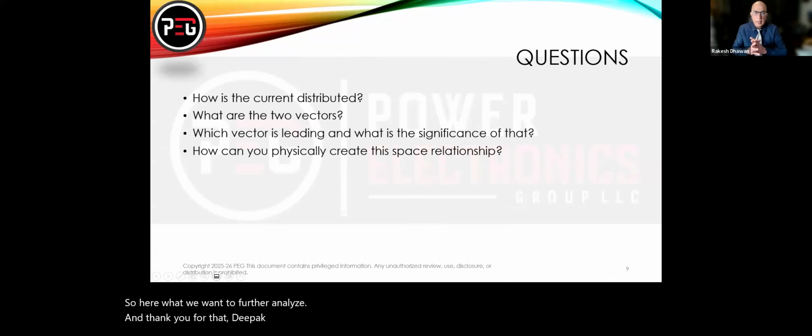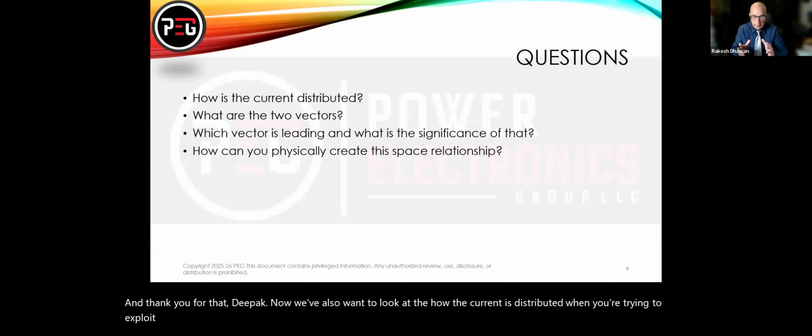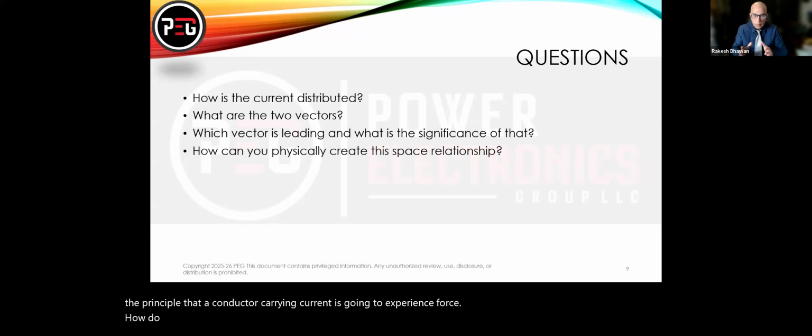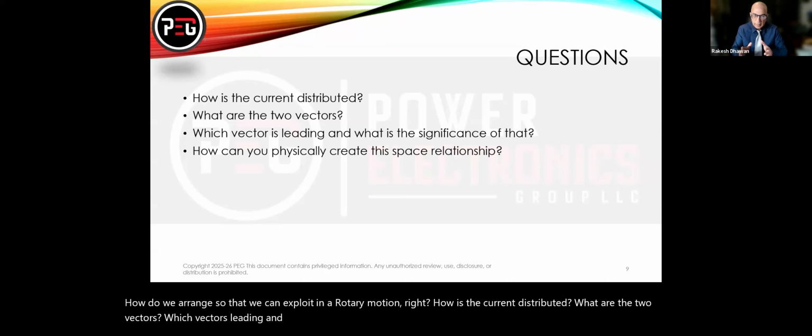Now we also want to look at how the current is distributed when we try to exploit the principle that a conductor carrying current experiences force. How do we arrange it so that we can exploit it in a rotary motion, right? How is the current distributed? What are the 2 vectors? Which vector is leading, and what is the significance of that? How can you physically create this space relationship? So let's look at that again.